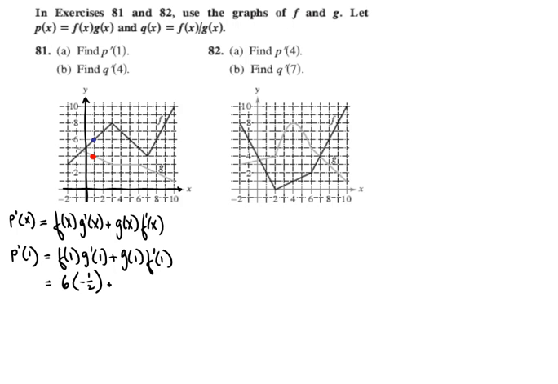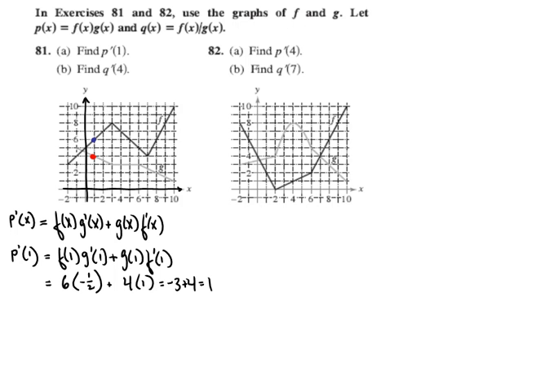Then g of 1 will be the value of the g function when x is equal to 1, and that is 4. F prime of 1 will be the slope of the f function when x is equal to 1, and the slope there is up 1 over 1, so it is 1. Now we simply multiply each of those and add together, so we have negative 3 plus 4, or p prime of 1 equaling 1.